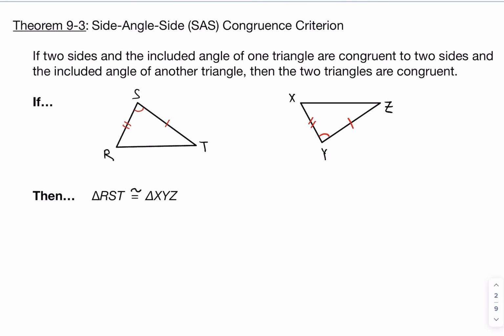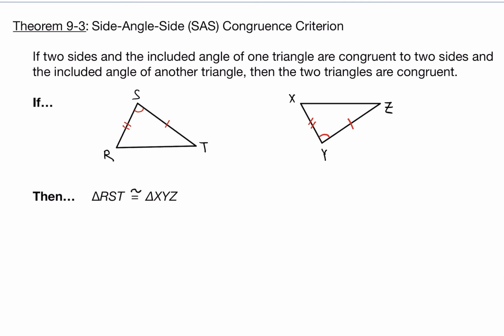With the first theorem, we have the SAS, or better known as the side angle side congruence criterion. Basically, this theorem is saying that if two sides of a particular triangle, so let's say side ST and SR, and its included angle, so angle S, okay, so notice that this angle is in between this side and this side.